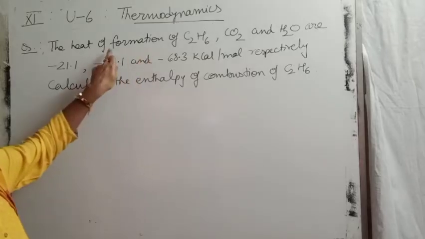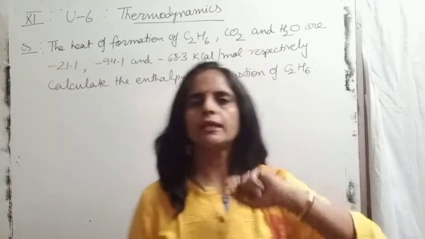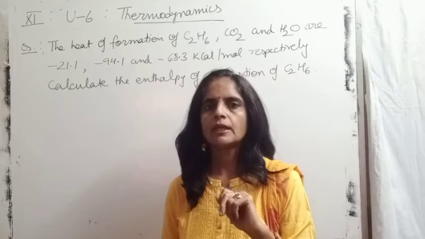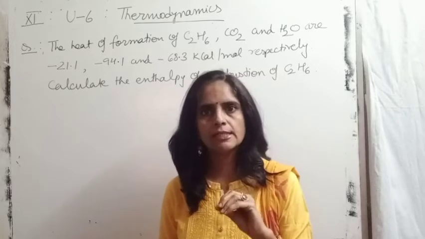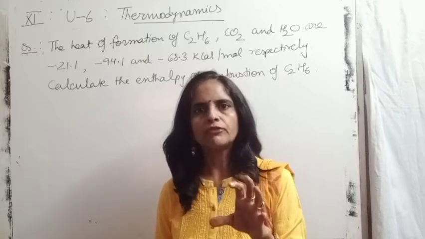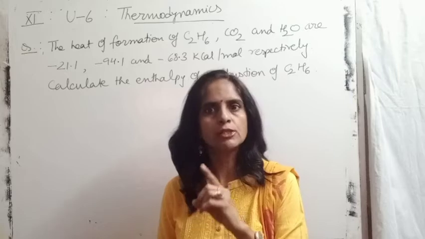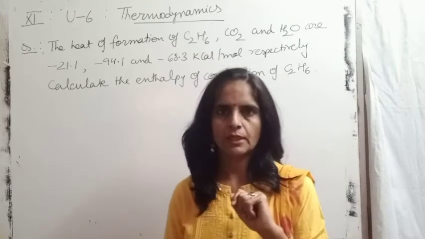Like in this case, enthalpy of formation of ethane is given. So the first chemical equation we will be writing is for the formation of ethane. And if you remember the definition of enthalpy of formation we discussed, it is the amount of heat change when 1 mole of a substance is formed from its constituent elements. Remember?